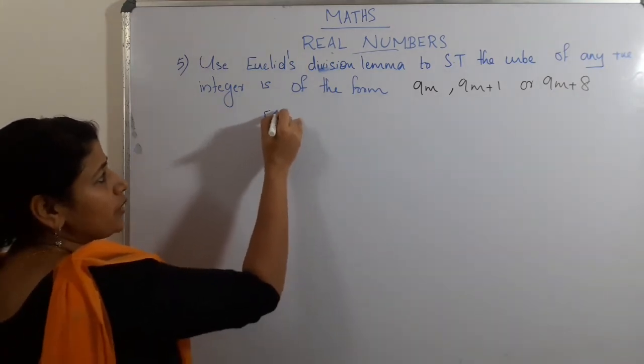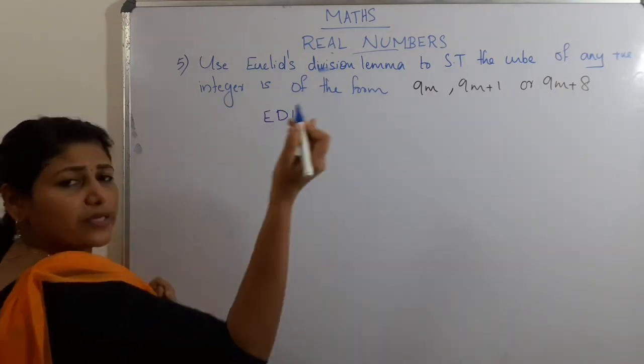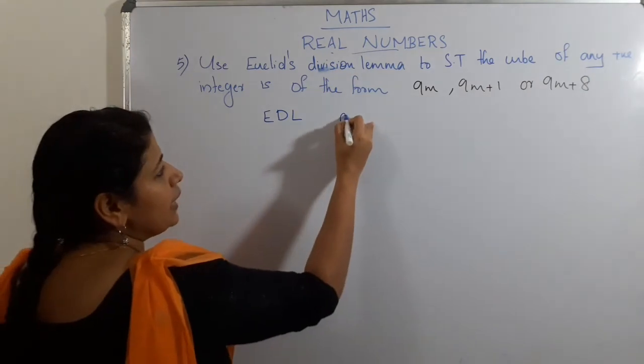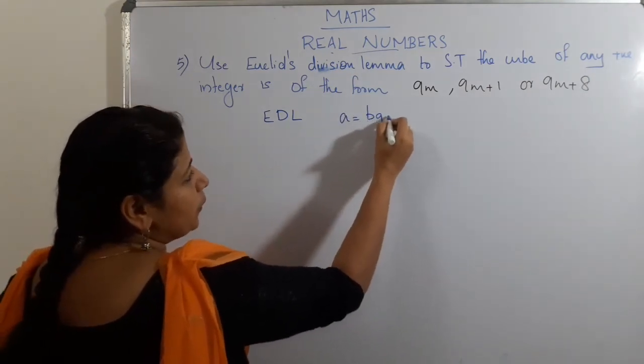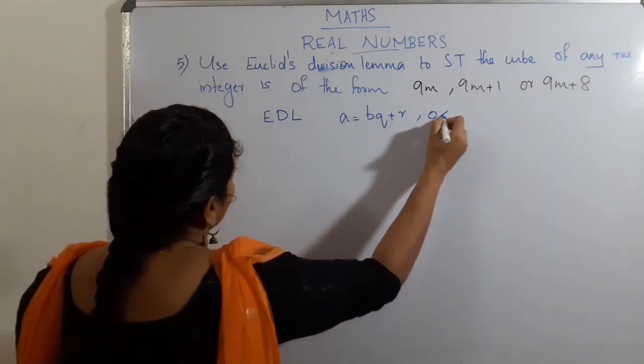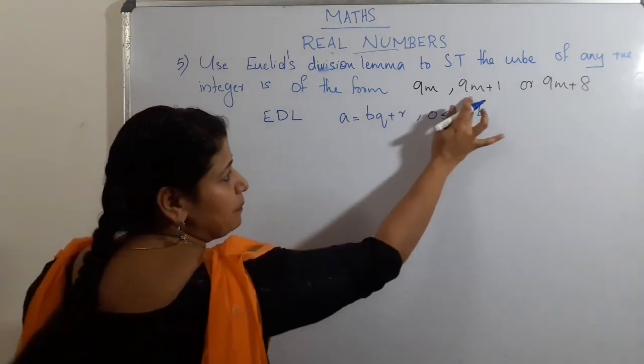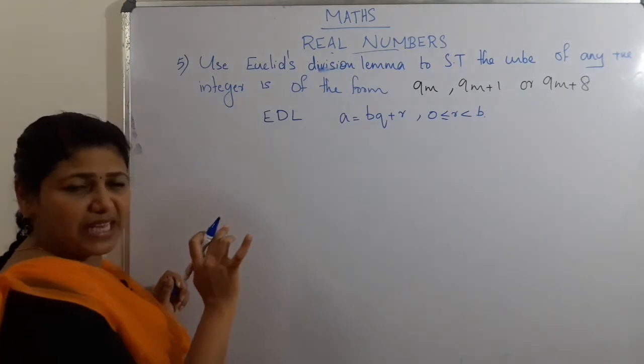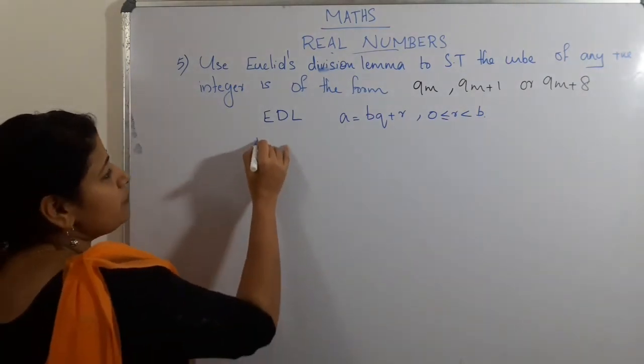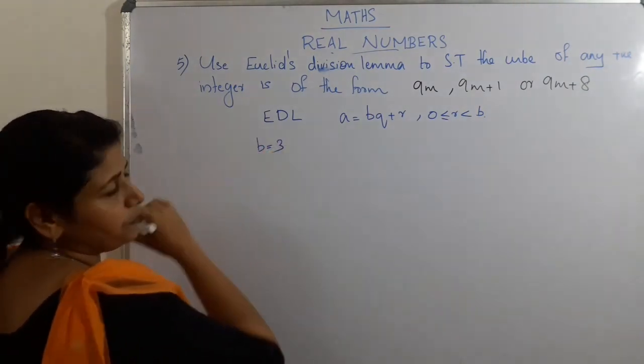By using Euclid's division lemma, any positive integer can be written in the form a equal bq plus r, where 0 less than or equal r less than b. Since we need here 9m, 9m plus 1 and 9m plus 8, we are substituting b as 3.